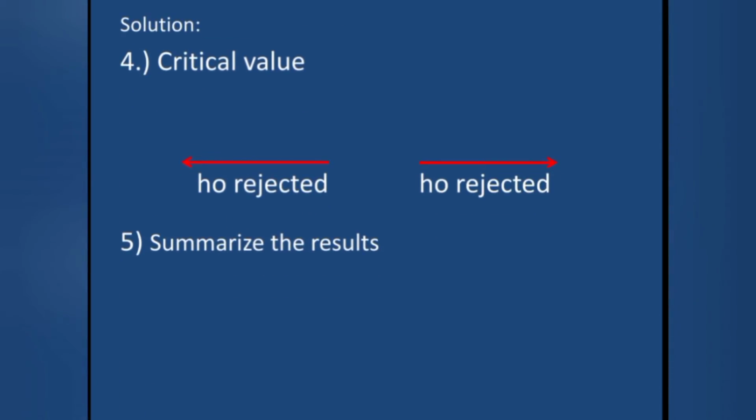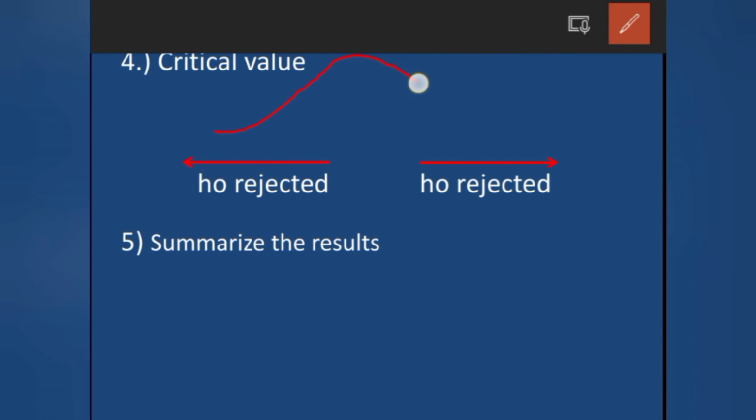Ang ating fourth step is find the critical value. Since our example is for small samples, refer tayo sa table F. So, ang rejection region natin dito is dito sa upper tail and lower tail.